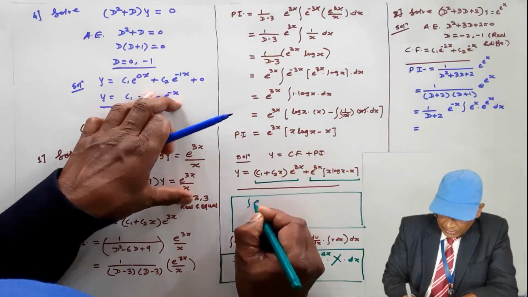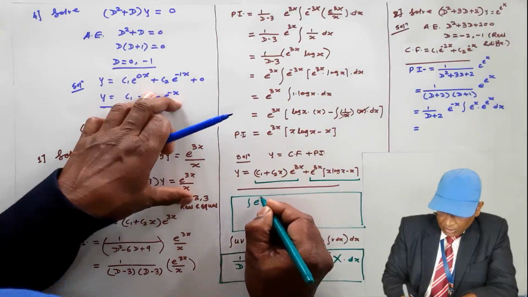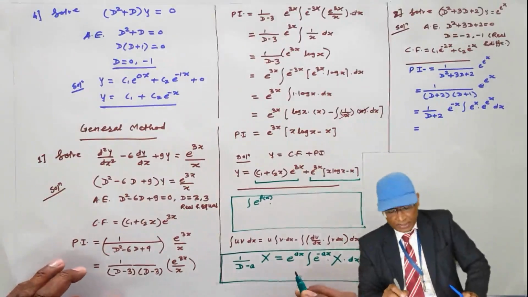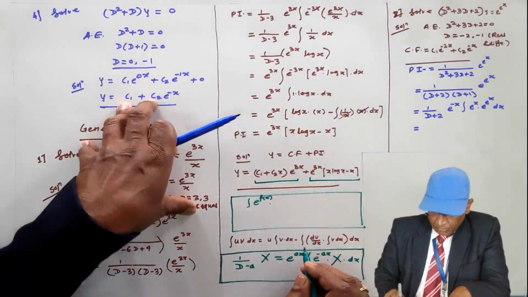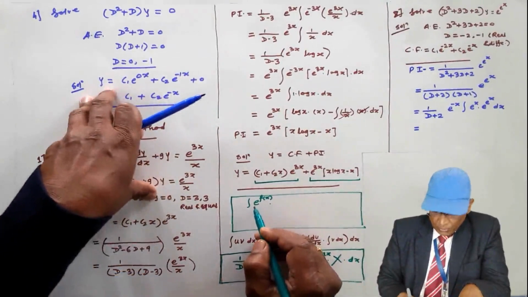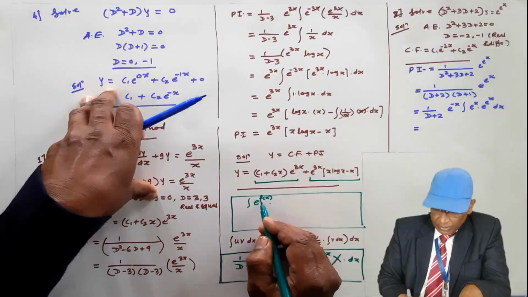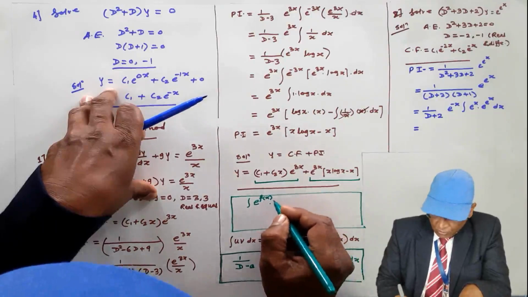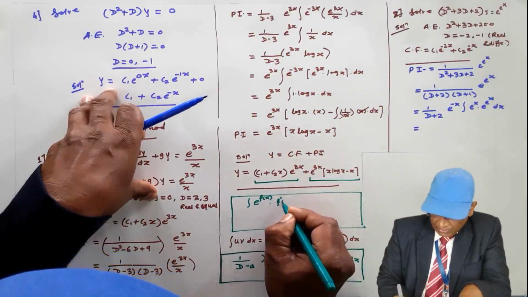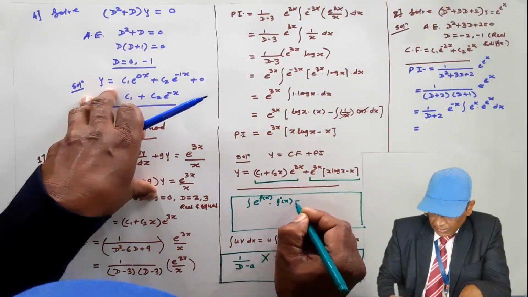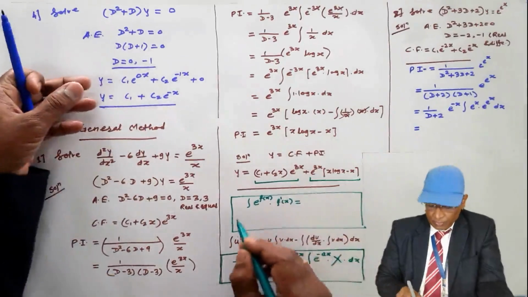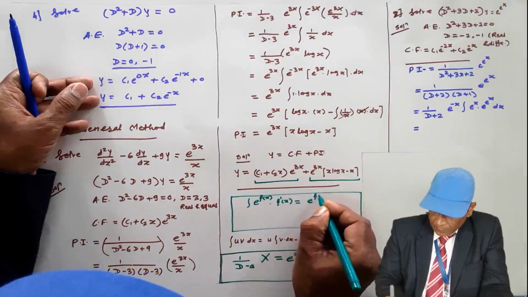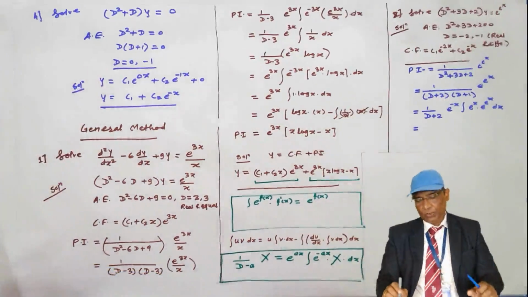When you integrate e to the power f(x), where f(x) is the argument of the exponential, if the derivative of its argument, f dash x, is repeated in the multiplication, then the integration of the complete term is e to the power f(x).